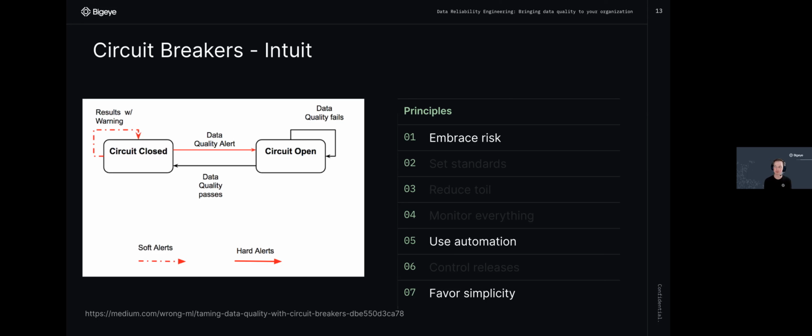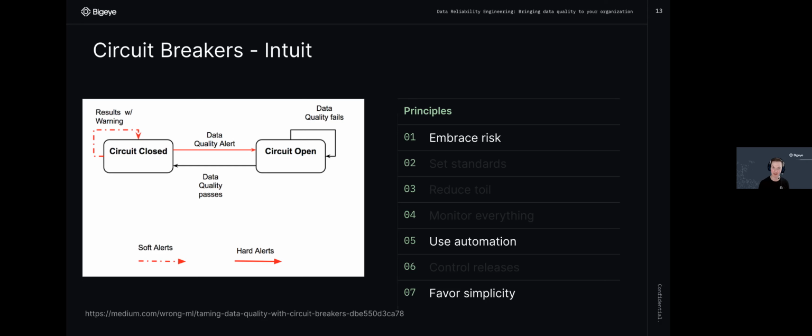And finally, principle number 1, embracing risk. You don't build a system that stops data flow unless you know that your data is going to be wrong. And a lot of people may lie to themselves and say, well, my data is never wrong. Going back to 2019, when I talked to a bunch of data teams, we've had people tell us to our face, we do not have a data quality problem.